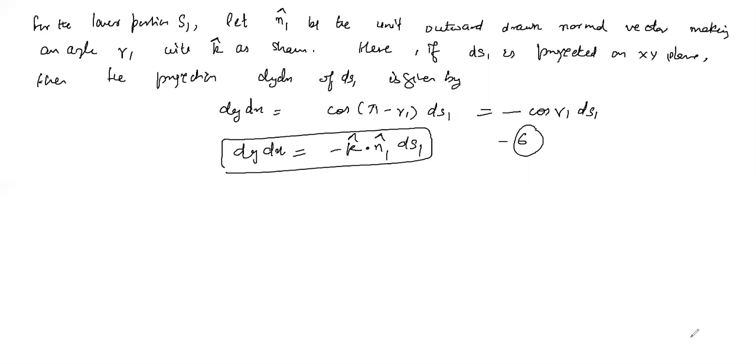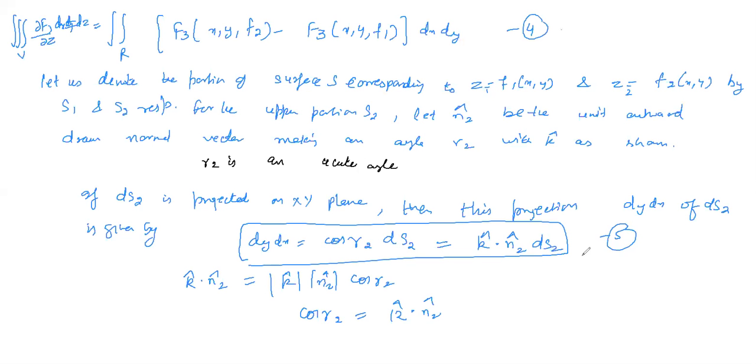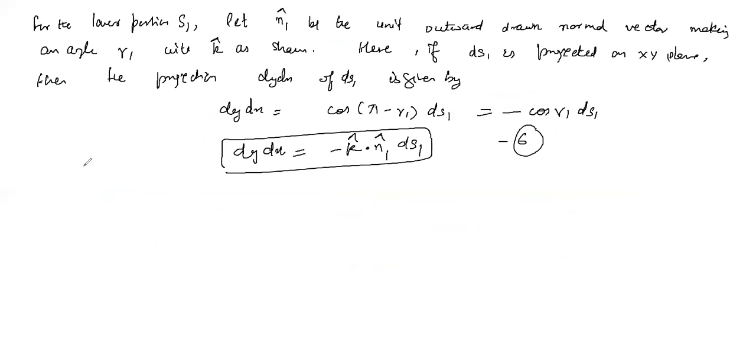Now from equation 5 and equation 6, we have calculated the values for dy dx for the two different surfaces, for f1 as well as f2. सो f2 के लिए जो हमने वैल्यू कैलकुलेट की है वो इक्वेशन नंबर 5 है, तो f1 के लिए इक्वेशन नंबर 6 में वैल्यू कैलकुलेट की है, ये दोनों वैल्यूज हम इक्वेशन नंबर 4 में सब्स्टिट्यूट करेंगे.